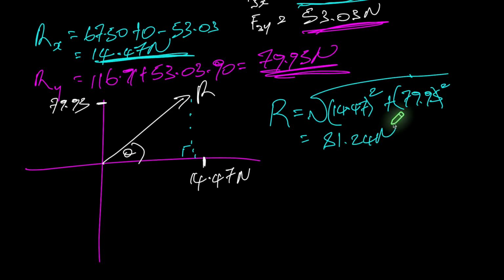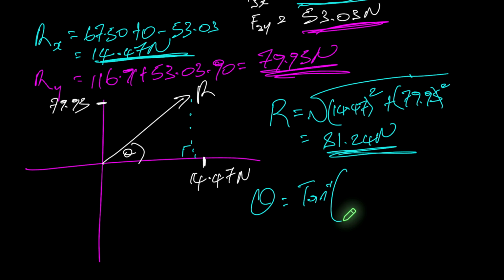81.24 newtons. For the angle, we always use tan inverse. We're using this side, which I'll draw an arrow to show you, that's our opposite side to the angle, and this side here, which is our adjacent side to the angle.